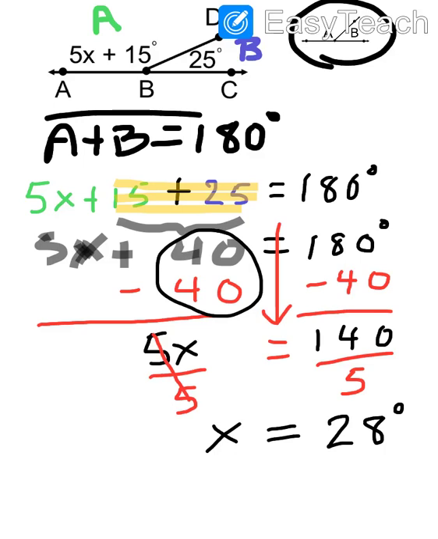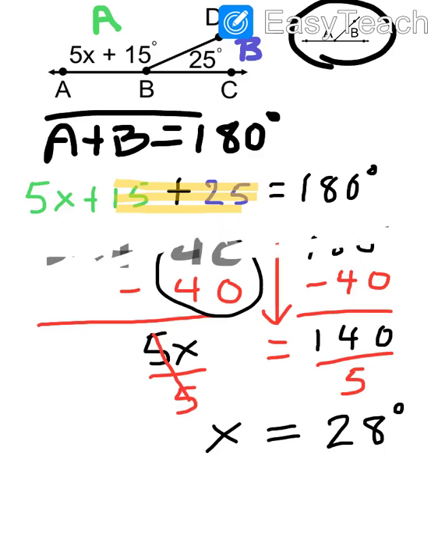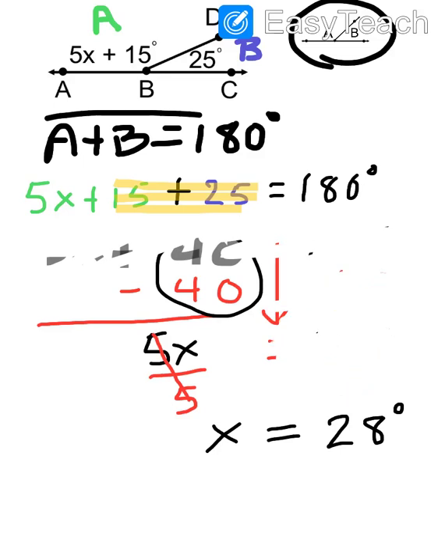So now I need to go back to the original equation, which was 5x plus 15 plus 25 equals 180. And we're going to put the value of x back into that. So let me just erase this real quick. I need the space to make sure you see this.